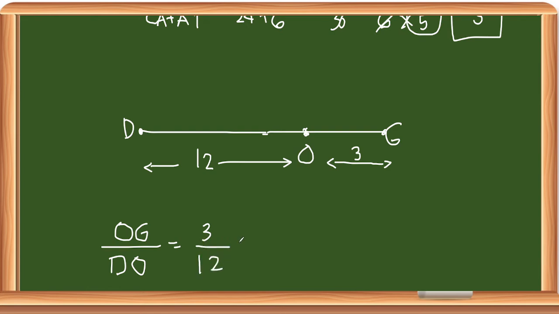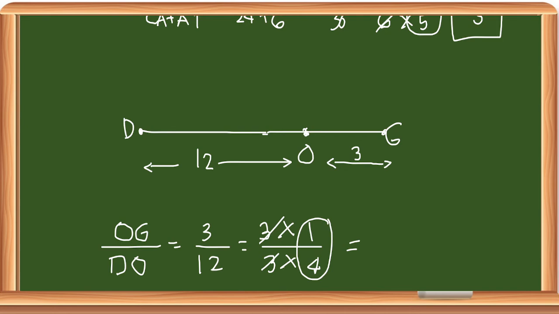Okay, reducing it, they have a common factor of 3. This can be expressed as 3 times 1, and 12 can be expressed as 3 times 4. So we can cancel this out, cancel this out. What's left is 1/4. So the ratio of OG over DO is 1/4.